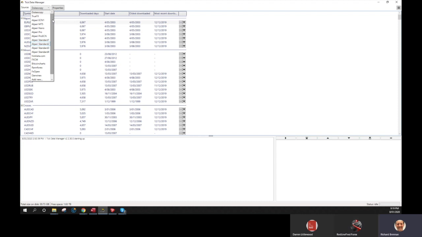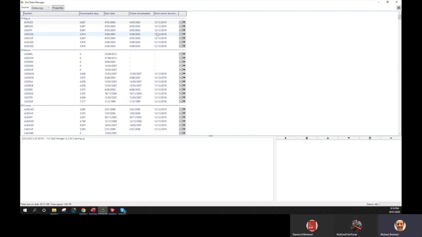The reason that's important is that we trade off the open bar and we're dealing with the daily bar, so we want to make sure that the same time of open occurs on the different broker data sources that we use. In this case, when we're using Dukascopy, we want to make sure it's aligned with our Pepperstone.